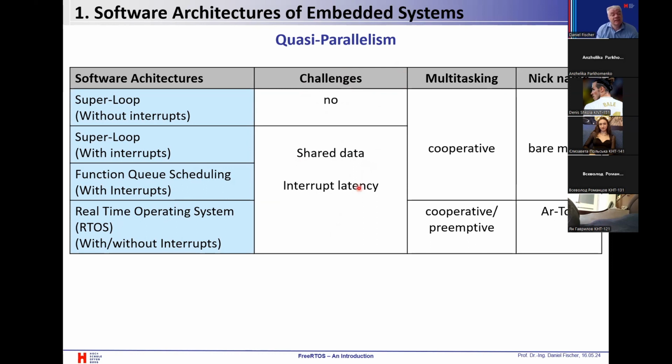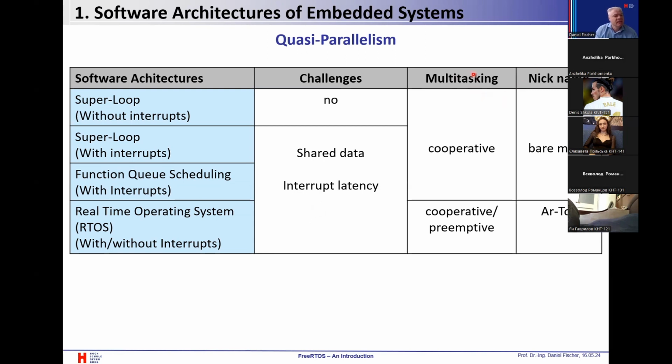That means nearly at the same time, different parts of your program, interrupts, tasks, or the main program, can access global variables, and then they can be corrupted. This is called the shared data problem. Also, you have to handle interrupt timing problems. That means sometimes interrupts come too late because other interrupts are more important.